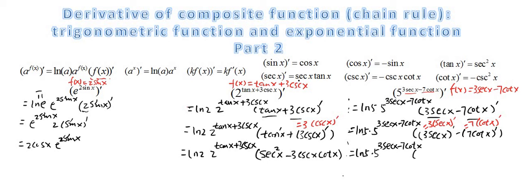The derivative of secant x is secant x times tangent x, so we have 3 times secant x times tangent x, and the derivative of cotangent x is negative cosecant x squared, negative times negative gives positive, so we have 7 cosecant x squared. Okay, so that's the answer.